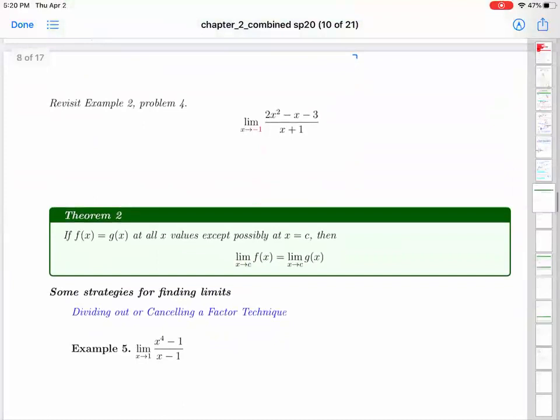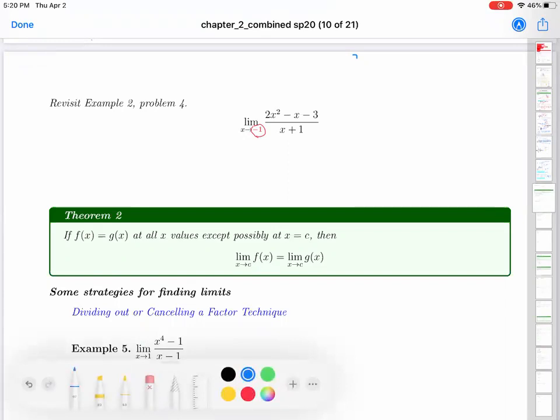All right. Now that we have talked about direct substitution and finding limits of composite functions when they satisfy a couple of conditions, let's revisit the second example, problem number 4. In this problem, I changed the point of interest to -1 instead of 1 earlier.